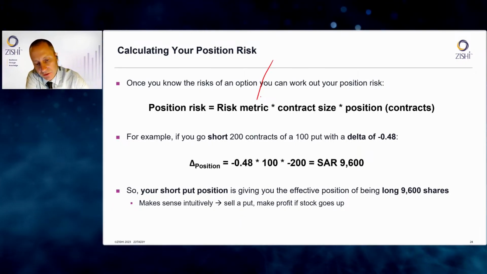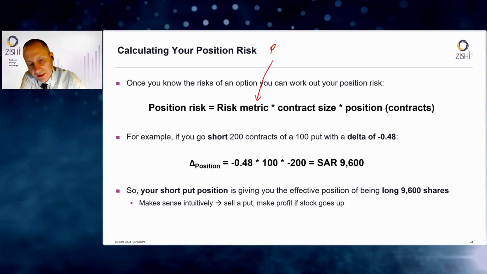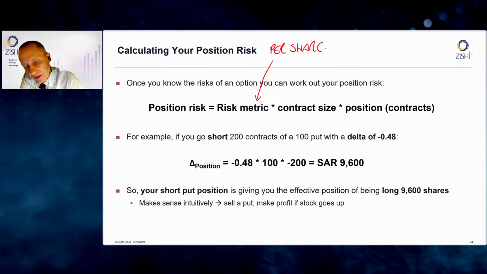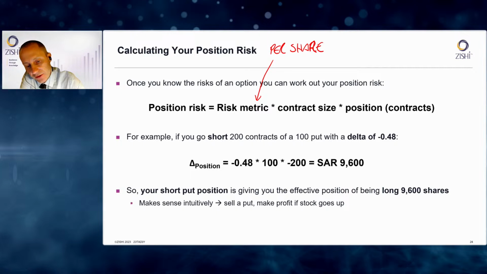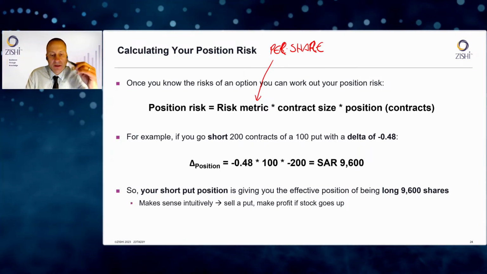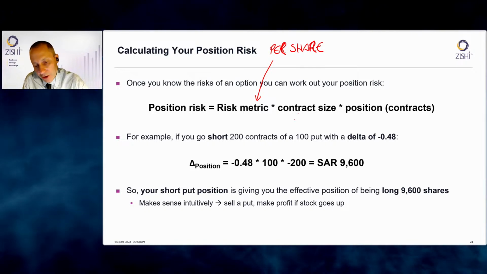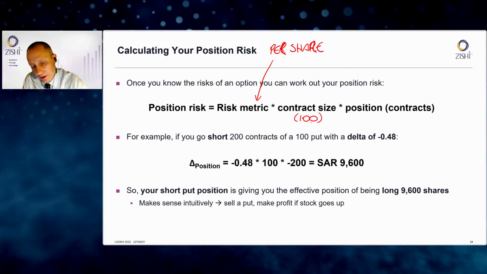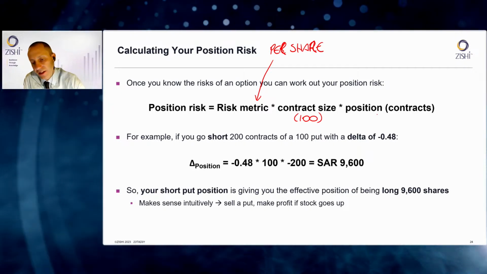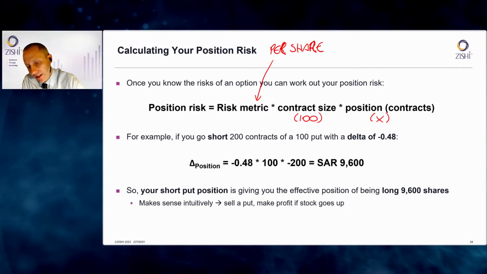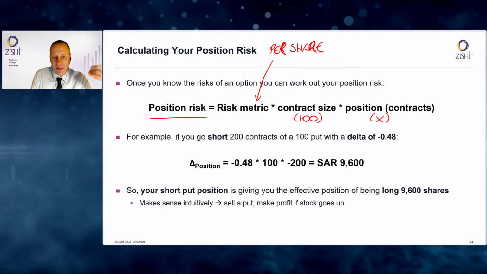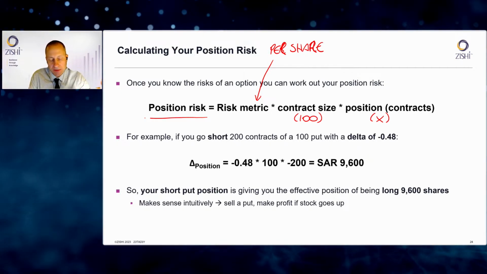If you take any of your risk metrics for the option, so these are per-share risk metrics that the pricing screen is just giving you, then you multiply them by the contract size, which for the options you're going to be trading on the Saudi exchange is 100 shares, and then you multiply by your position, whatever that is, X, you will get your position risk for a particular risk metric.